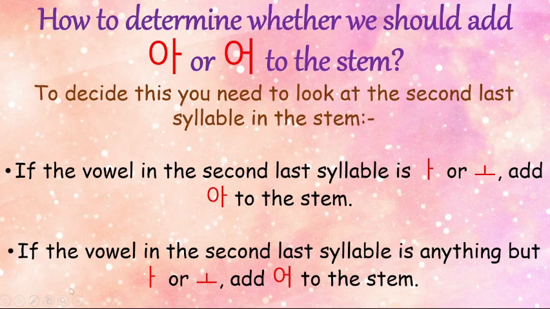Okay, and if the vowel in the second last syllable is anything but a or o, then you have to add o to the stem. So this means that you just need to look at the vowel present in the second last syllable of the stem, and that is how you are going to decide whether the upcoming ending should start with a or o.